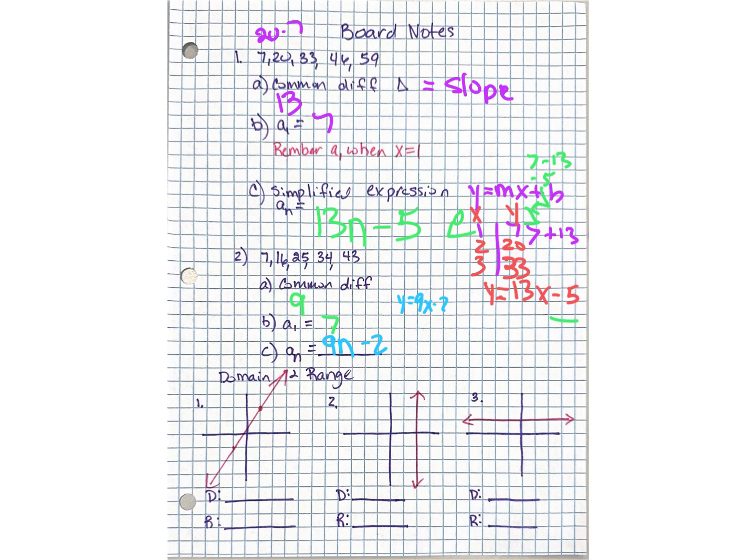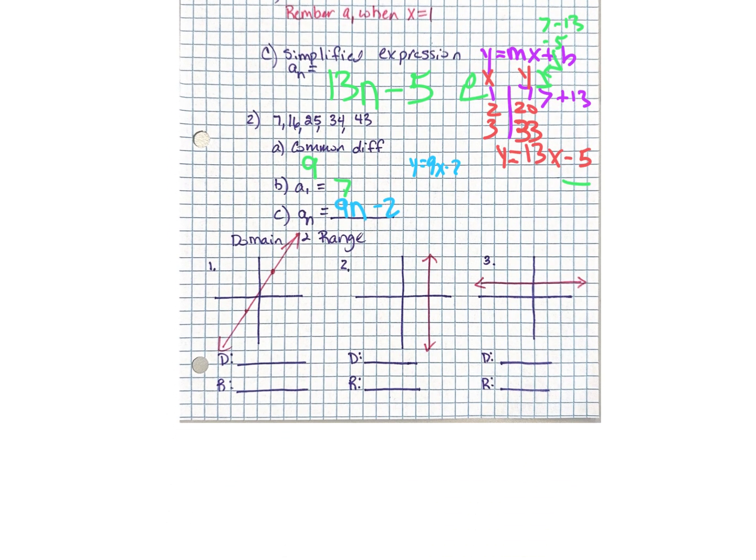Okay, domain and range. That's what's going to be the majority of our quiz, except for one min or max. So your domain for every single line, no matter if it's positive or negative direction, as long as it's not one of the other two types, which is vertical or horizontal.